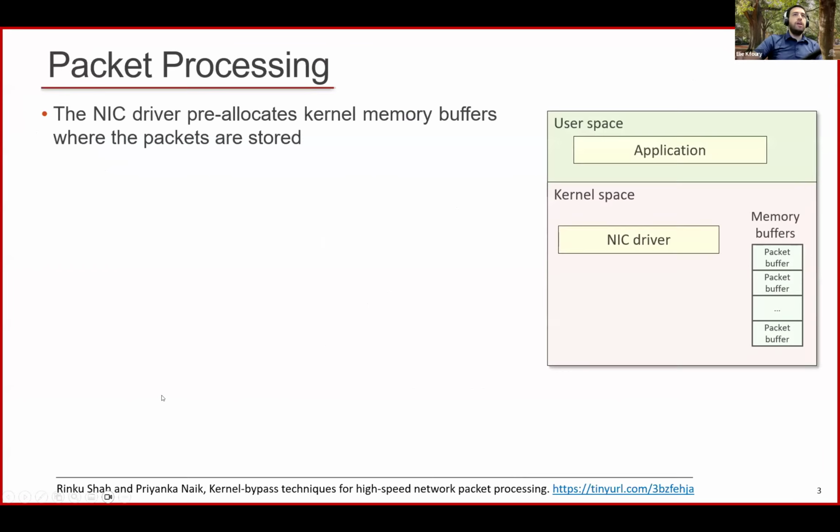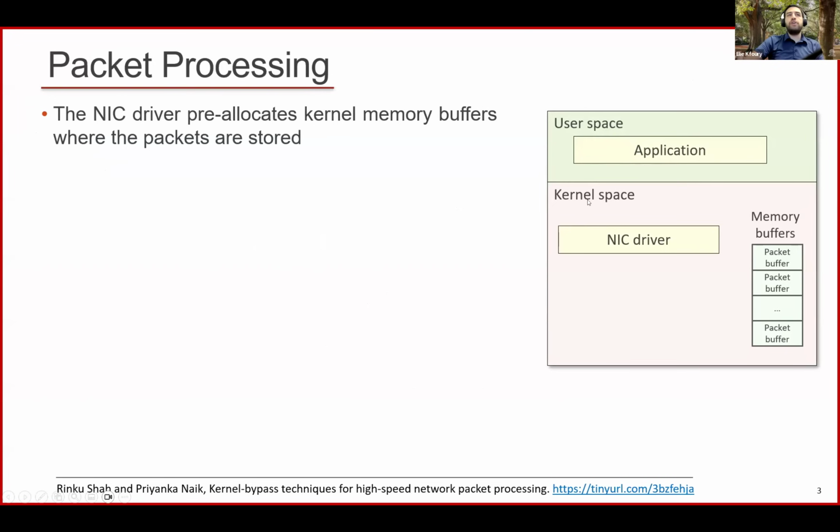All right, so let's start first with packet processing on end hosts. What is the life cycle of a packet coming to the server? On the operating system, we have the user space and we have the kernel space. The user space is where your application would be running.